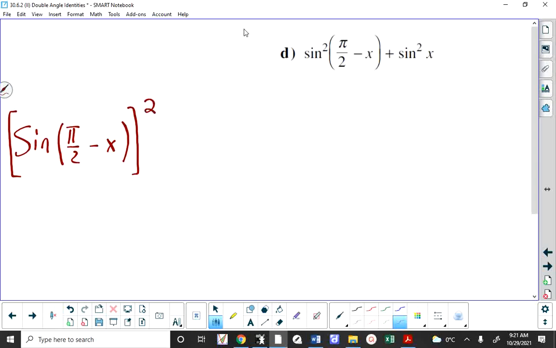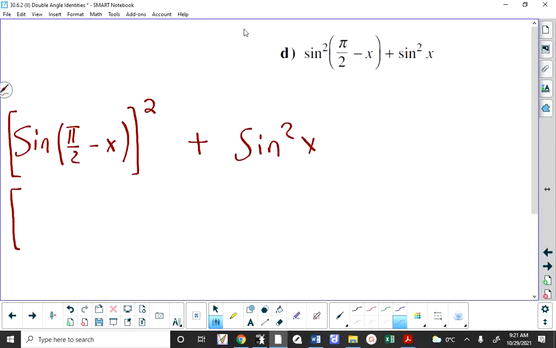is this. So essentially what we're going to do is apply the difference identity to sine of pi over 2 minus x to see what we get, and then we're going to square the result. This is also plus sine squared of x. So let's see.